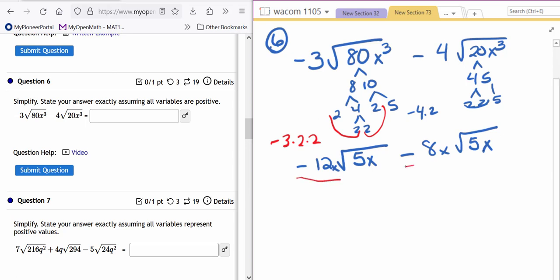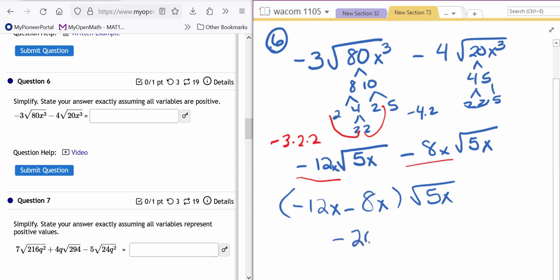You're going to do your math out here. So you're adding these. You are doing negative 12x minus 8x. And that is going to be times square root of 5x. So your math is going to be just on these coefficients. So this is going to be a negative 20. Keep the x times square root of 5x. So it doesn't change to x squared out there. Okay, just x.